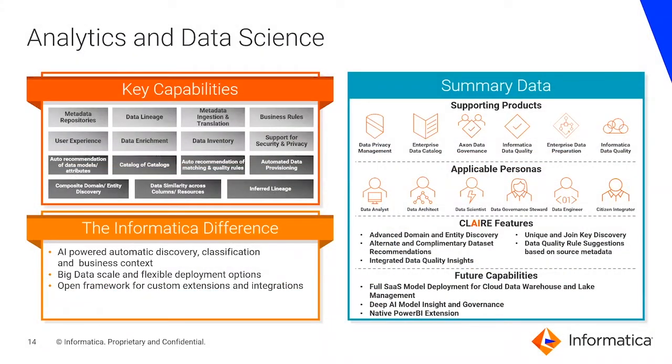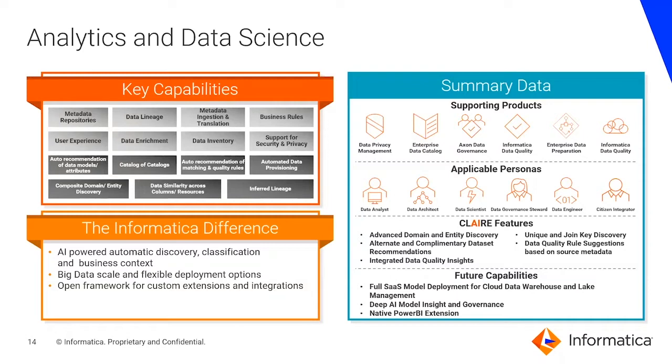Now let's look at the third use case, which is analytics and data science. Again, a large number of our Informatica products deal with it, products like Enterprise Data Catalog to help be the Google of enterprise data assets, one place to go to for data analysts to find the most important and relevant data sets for their analytics needs. Axon for governing their data privacy management to make sure that sensitive data is not reaching end users. Enterprise data prep so that this data is prepared before it can be used for analytics in a user-friendly manner.